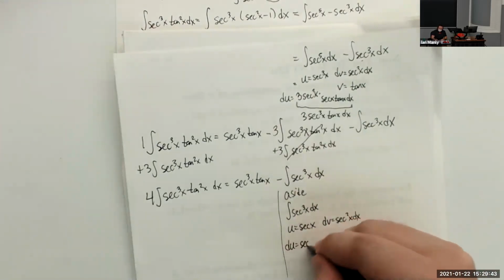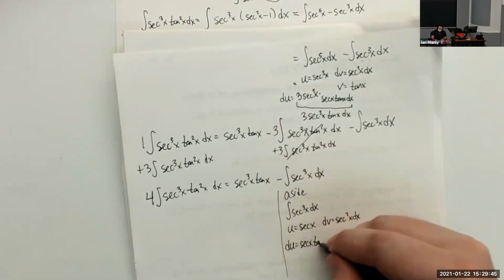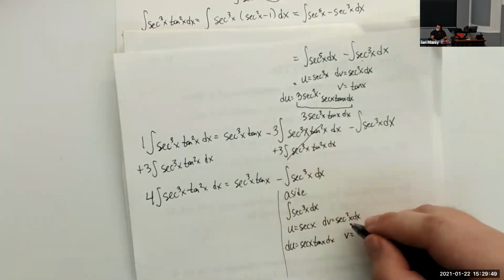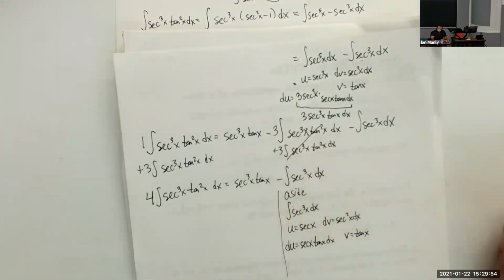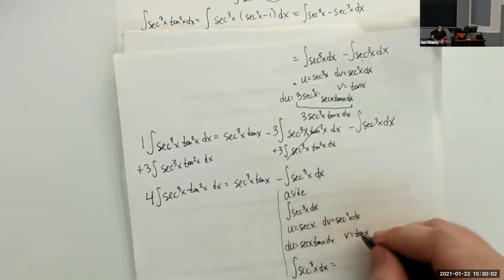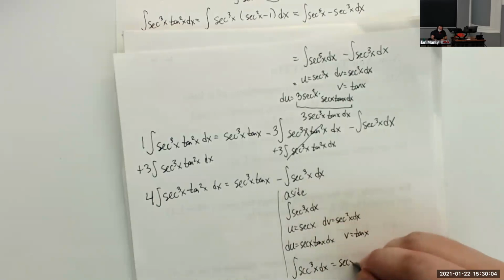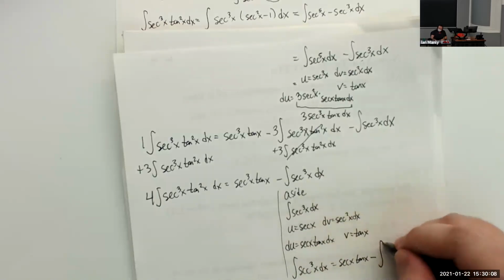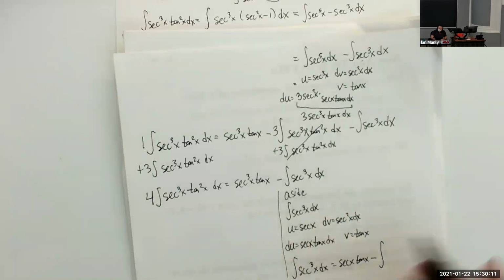So du will be the derivative of this, secant times tangent, and v will be the antiderivative of this, which is tangent. Okay, let's see what we get from that. So our original integral is going to be tangent times secant, and then we subtract the integral of secant times tangent squared.